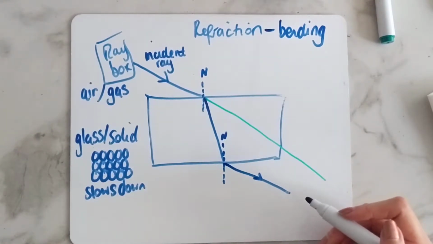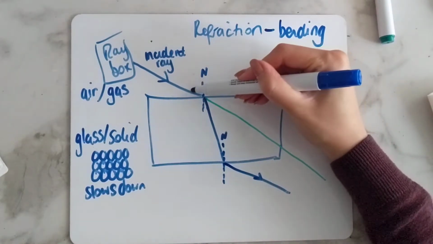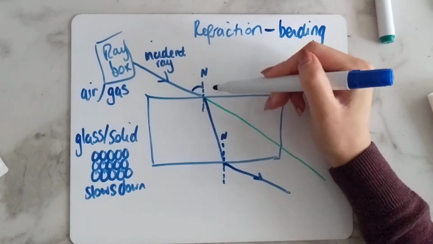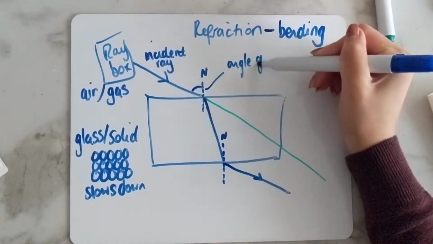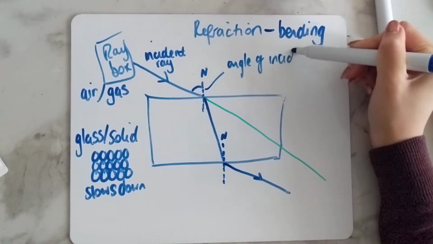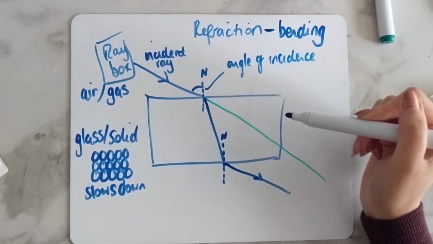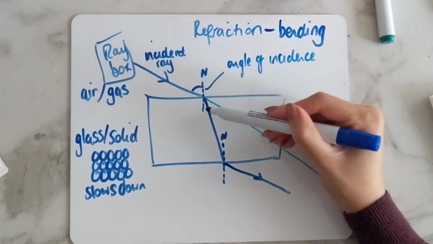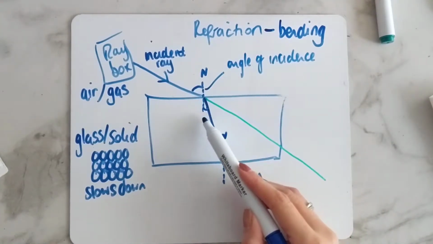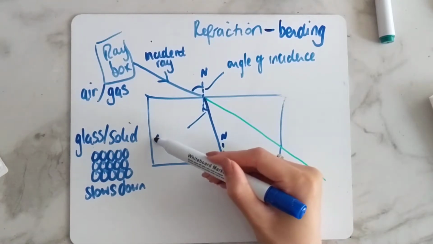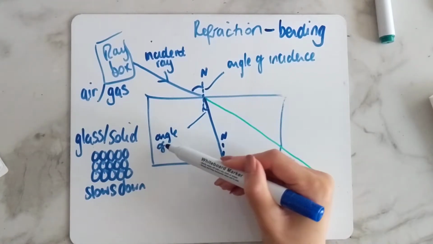So in terms of angles, let's just have a look now then. This angle here between the incident ray and the normal is known as the angle of incidence. Okay, and this one here, where the ray was bending towards the normal, is called the angle of refraction.